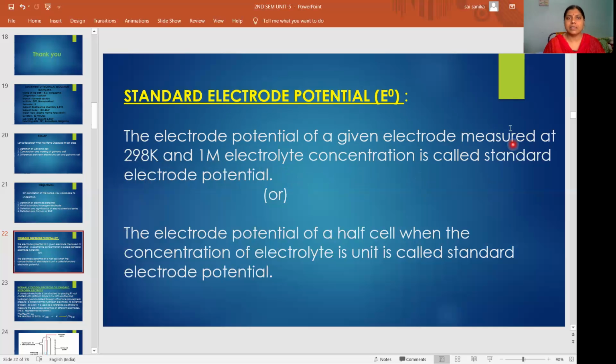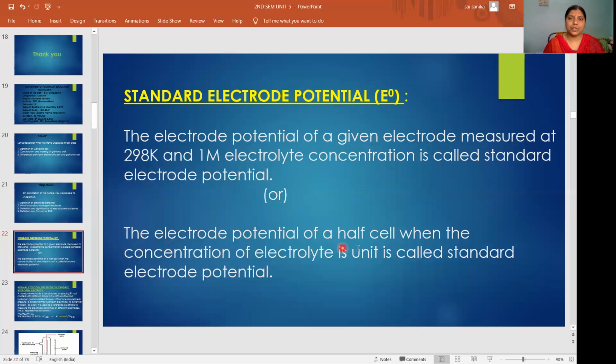It means you are maintaining standard temperature and concentration. Or you can define the standard electrode potential in another way also.